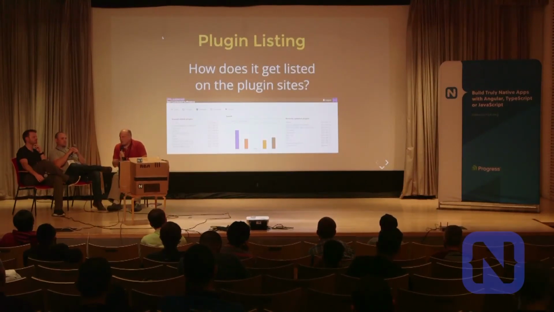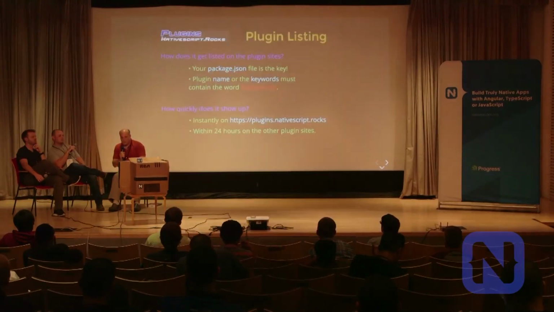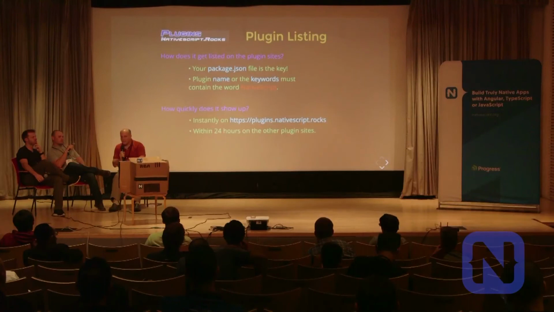So, plugin listings. After you've got this plugin all done and you're all ready and it's cool and you want to let other people use it, how do you get people to use this plugin? How do people know it exists? Well, the important thing is in your package.json file, which we worked through earlier, you add NativeScript somewhere in there.